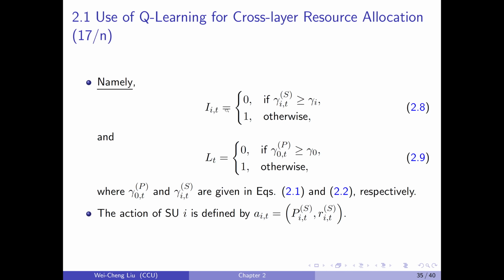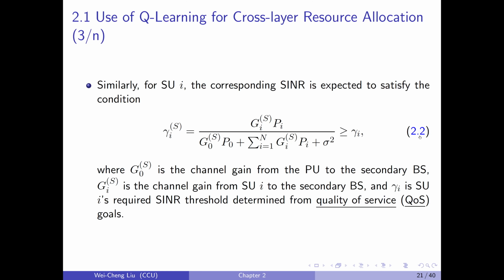Namely, I_i^t is equal to 0 if gamma_i^ts is greater than or equal to gamma_i, where gamma_i^ts is given in equation 2.2. Here this symbol does not have the subscript t.